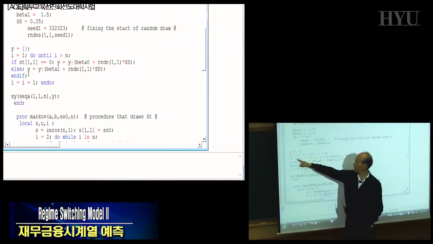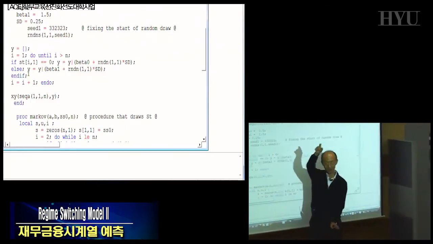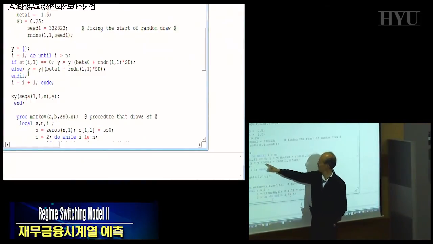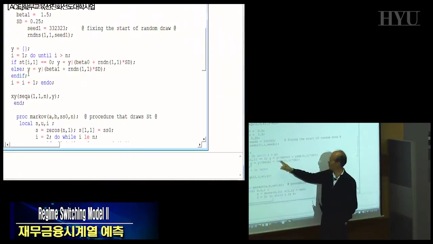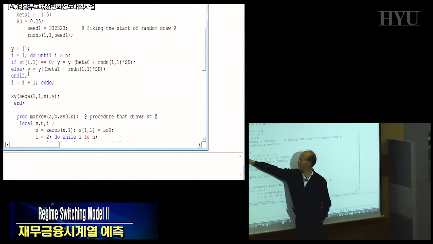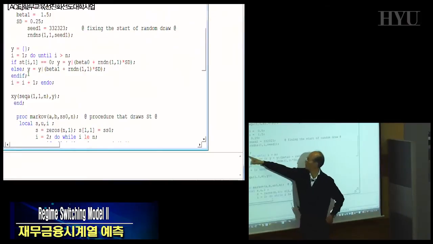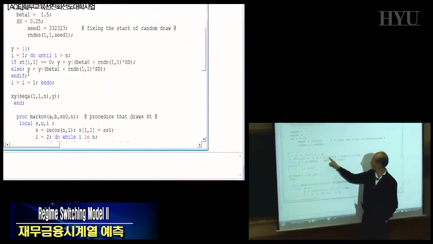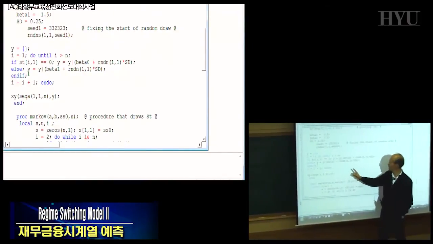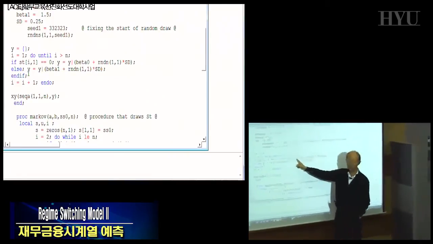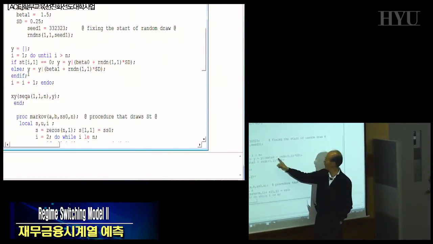I have the ST sequence state, and if the state is 0, then I'm stacking downward y, where I pick beta 0 as the mean, and this is a standard random normal function.